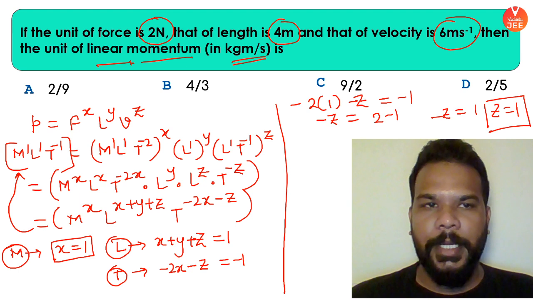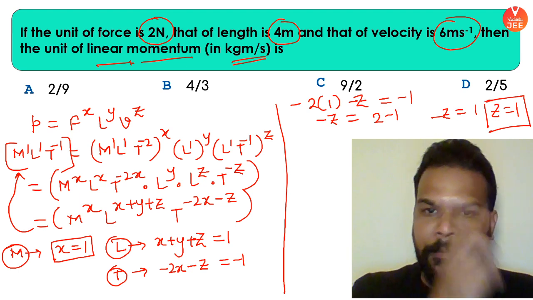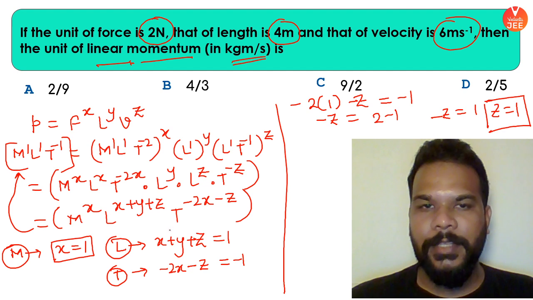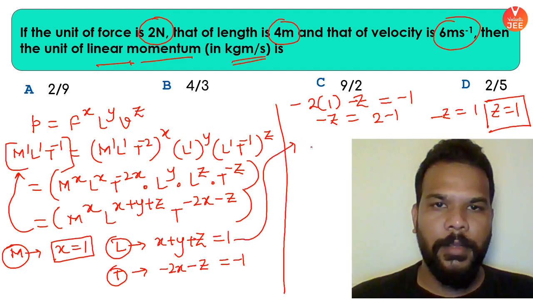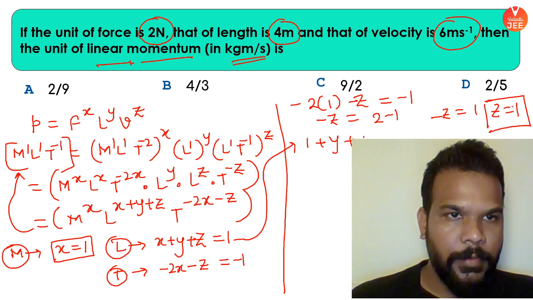Okay, guys, I'm getting the value of z as minus 1. Now I already have the value of x and the value of z.